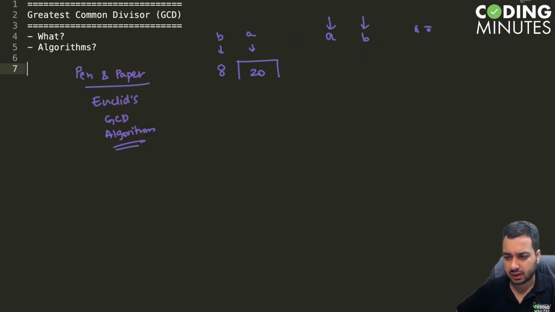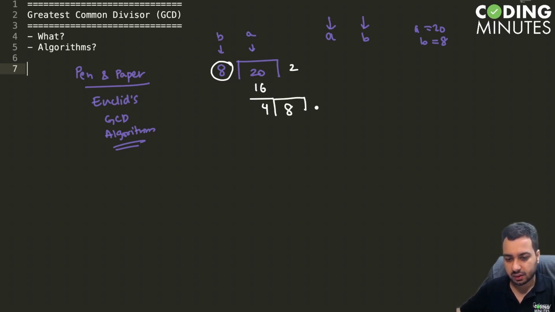So let's say a is 20 and b is 8. We say 8 twos are 16, and what is the remainder? The remainder is 4. And we bring this number here.